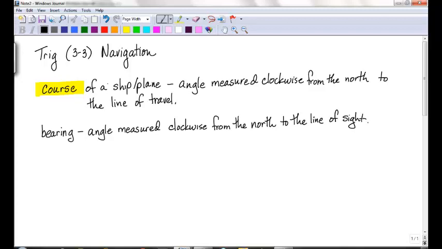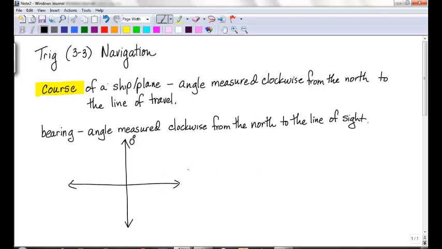Okay, so when you do navigation, everything that we've done before started off with 0 here and 90 up here. Now, in navigation, 0 is at the north. 0 is straight north.